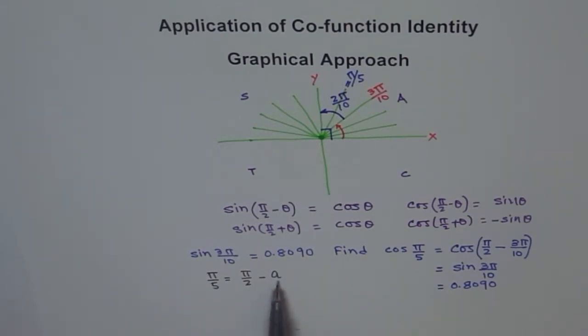And then solve for A. So I bring A this side and say A equals pi by 2 minus pi by 5. Is it okay? Now that means I'll get 10 as my common denominator, and this is 5 pi minus 2 pi. So 5 pi minus 2 pi is 3 pi by 10.